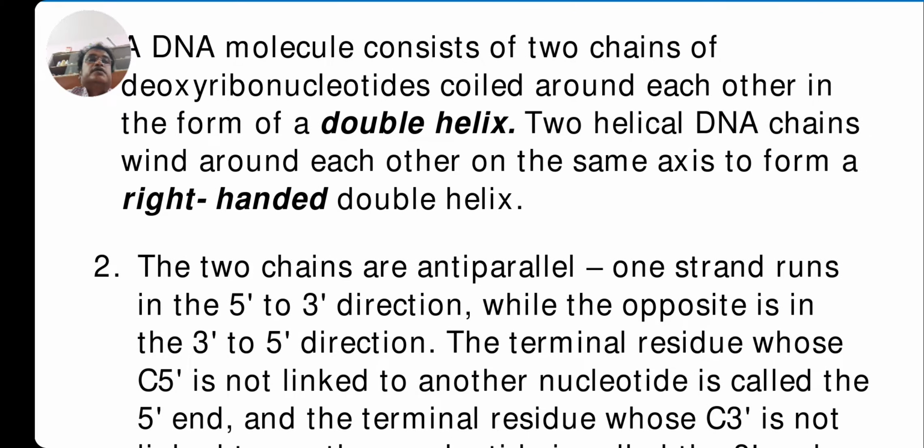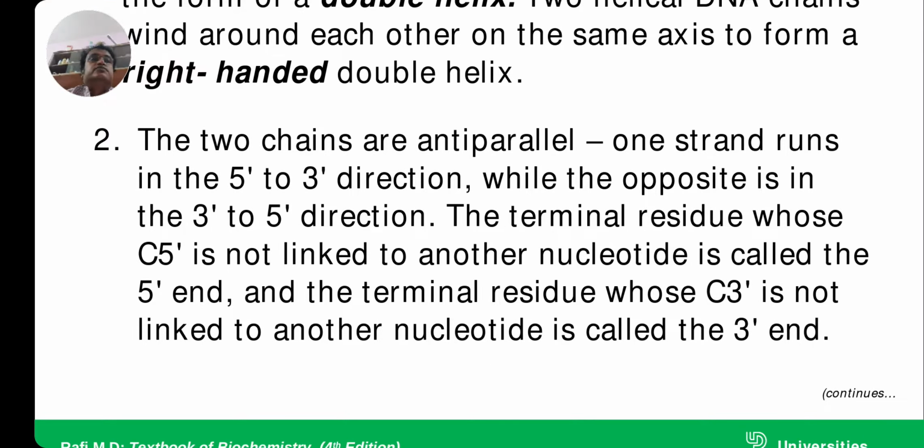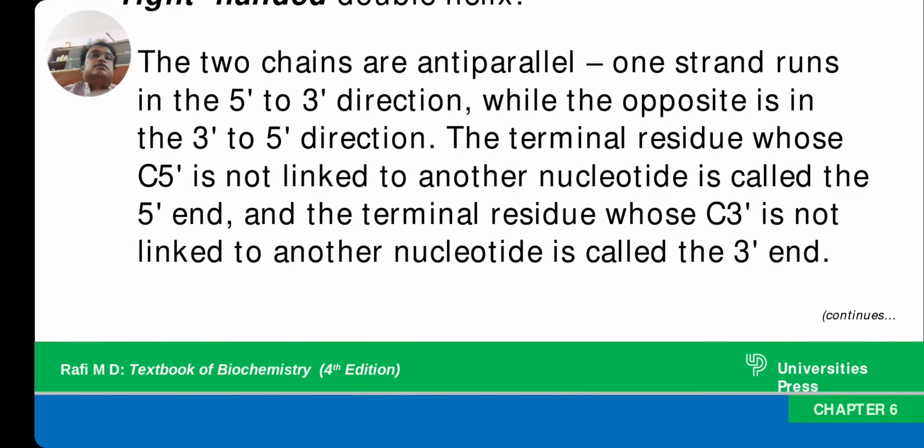The two chains are anti-parallel. One strand runs in the 5' to 3' direction, while the opposite runs in the 3' to 5' direction. The terminal residue whose C5' is not linked to another nucleotide is called the 5' end, and the terminal residue whose C3' is not linked to another is called the 3' end.